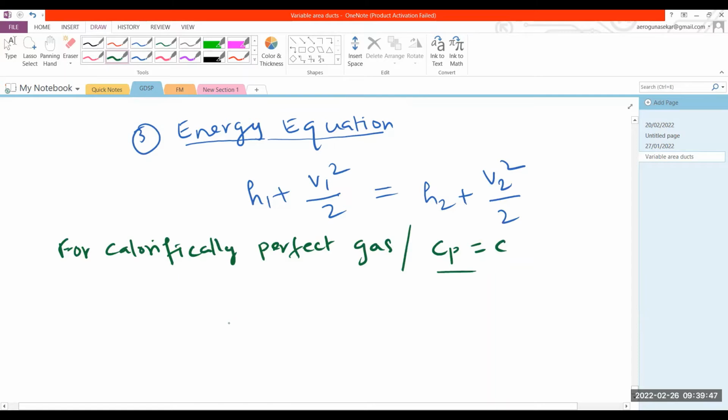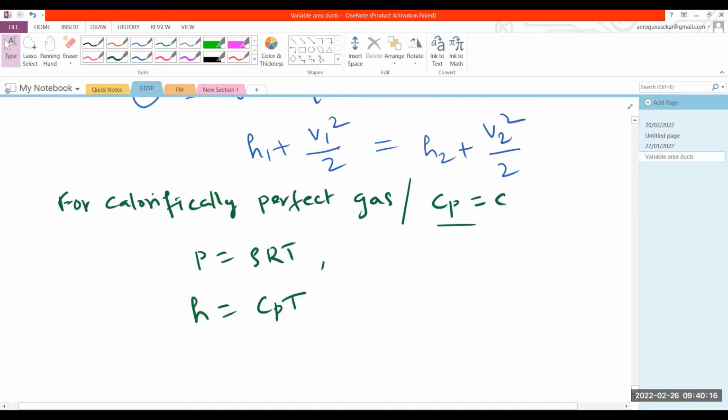When you say it is calorically perfect, the Cp value will remain constant. Then we can say your perfect gas equations are p equal to rho RT, and your enthalpy h will be equal to Cp into T.